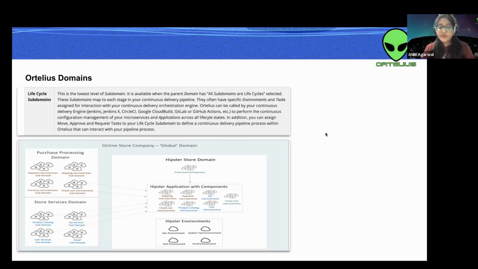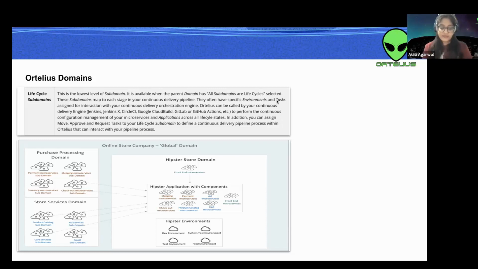To differentiate it from the other subdomains, we usually have tags attached to it. That makes it easier to identify the different kinds of subdomains. Those tags can be attached in the form of the environment that we are using, like production, testing, or development, or any of the tasks which have to be assigned.